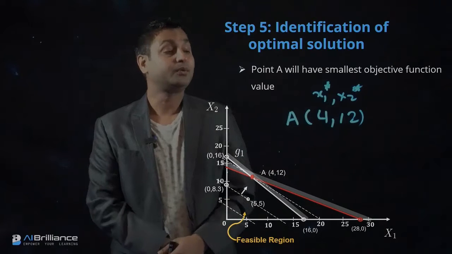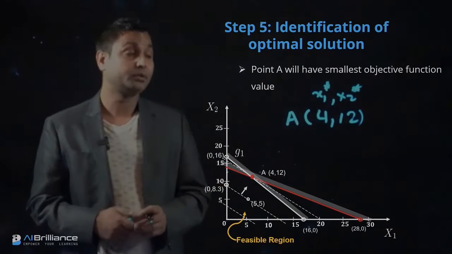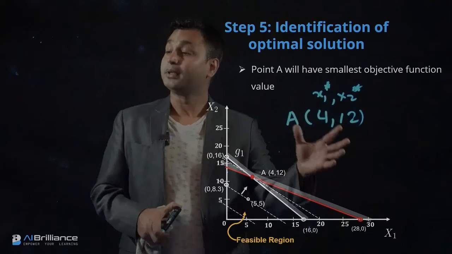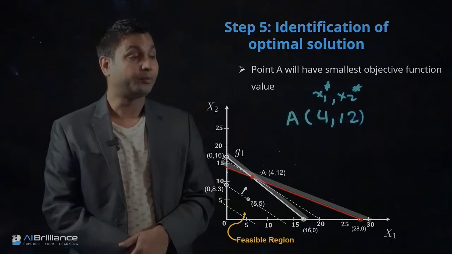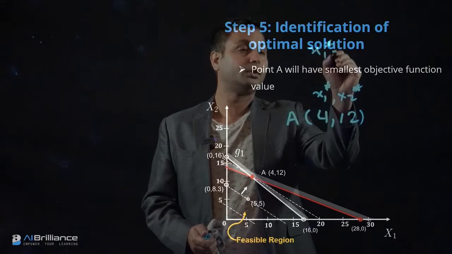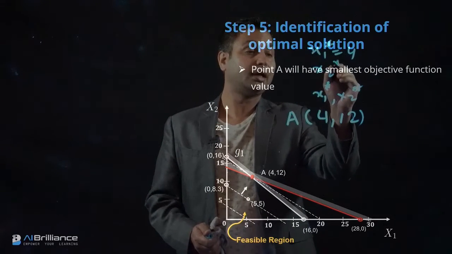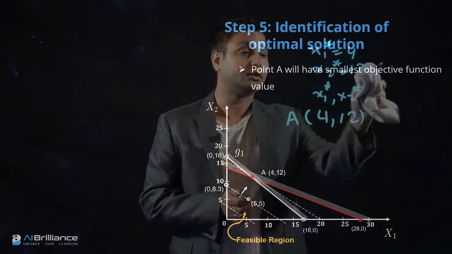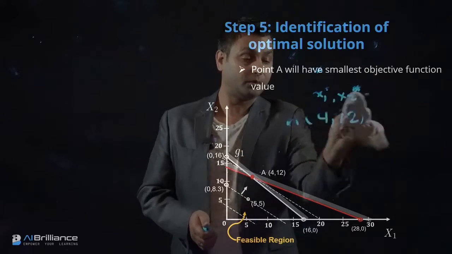Remember that previously we used an analytical optimization approach to find the x1 star and x2 star values, but this is how you can use a graphical approach to find them. So essentially x1 star is equal to 4 and x2 star is equal to 12, and that gives me the optimal solution to this overall problem.